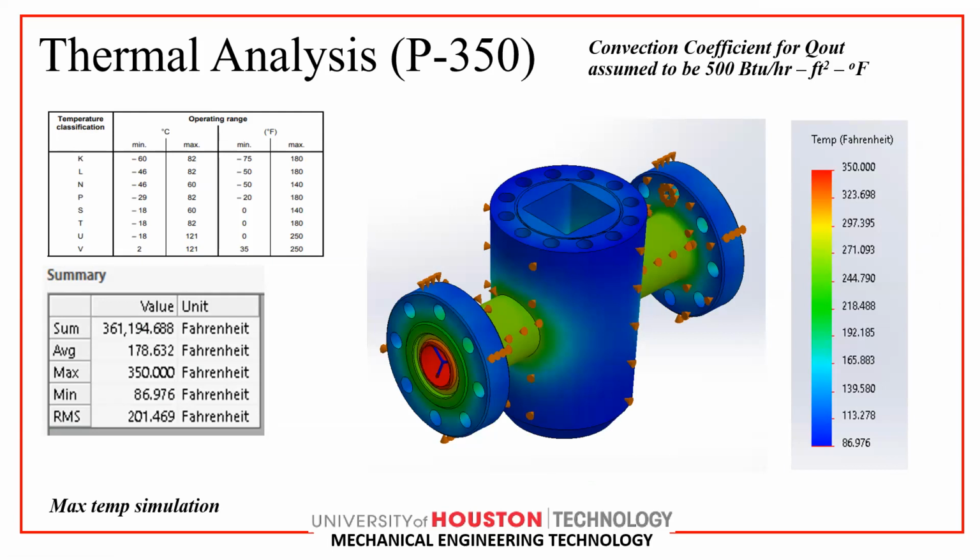In our material properties, our convection coefficient is equal to 500 British thermal units per hour times feet squared times Fahrenheit degree. So we have used a thermal analysis to see how temperature is distributing to the different components of the gate valve.